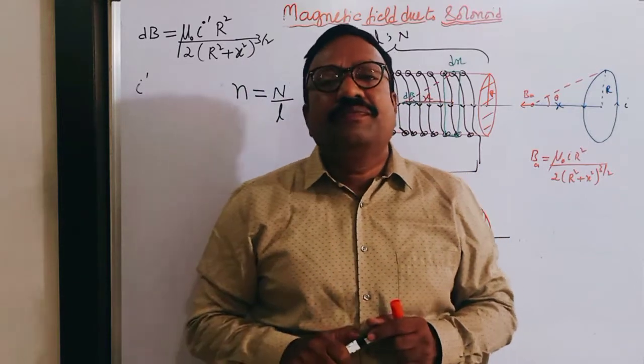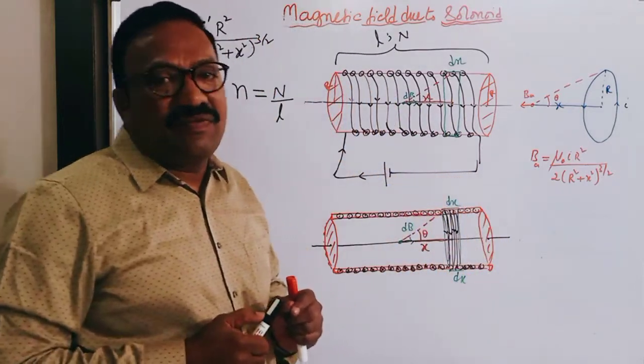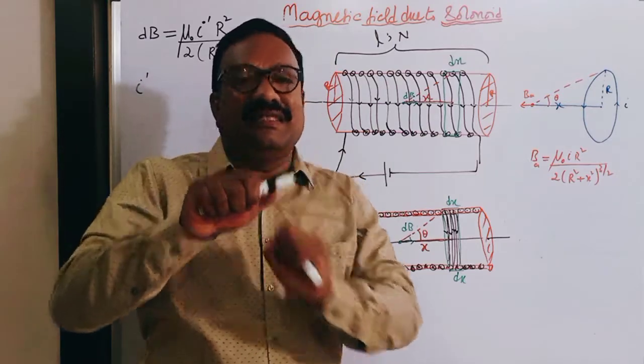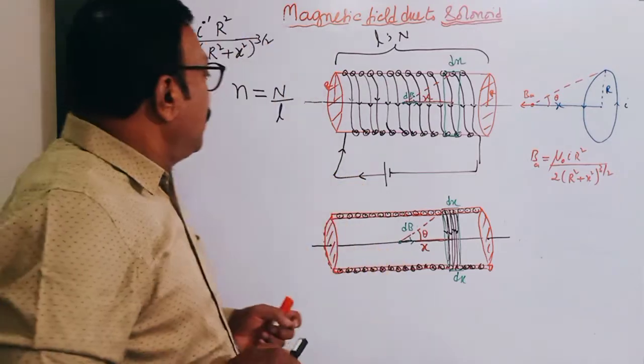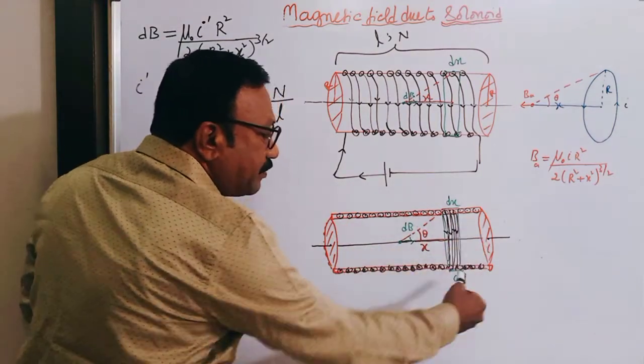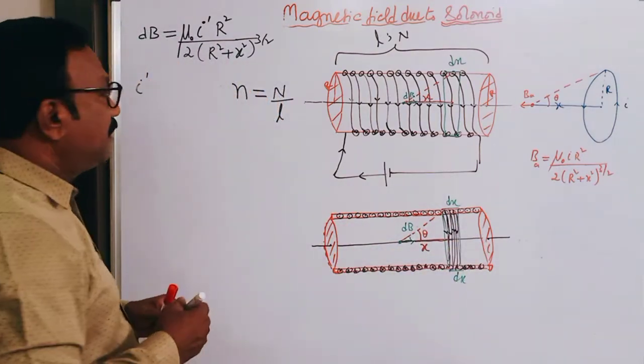So therefore, if you want to calculate the number of turns, then I can multiply the number of turns per unit length with the length. I want the number of turns in the length dx now.